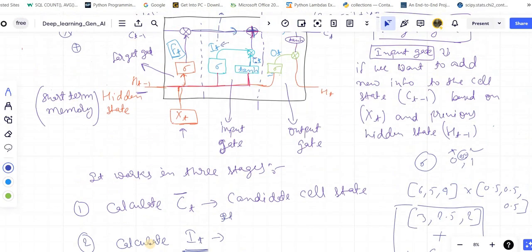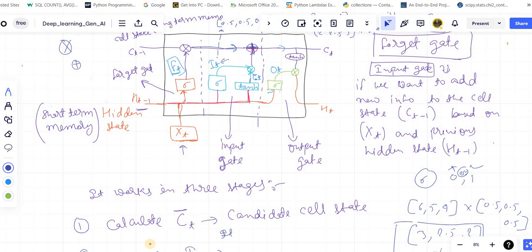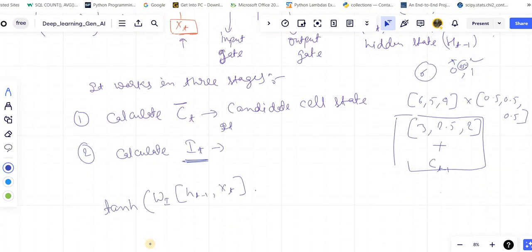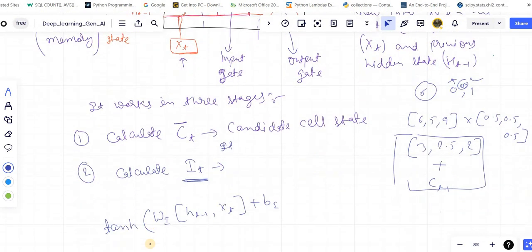If you see it here, this is XT and HT minus 1, and it is coming in the tanh. And then after that the bias. So this is the bias of the candidate. Let me write it here as C. So weight of the candidate cell and bias of the candidate.